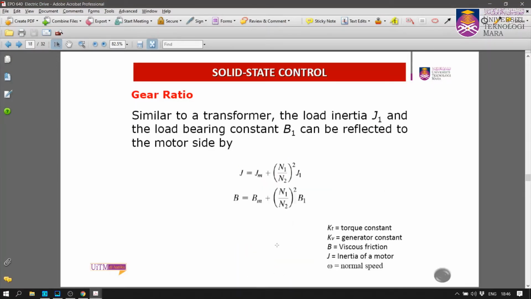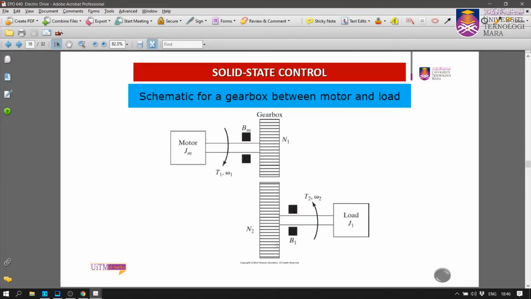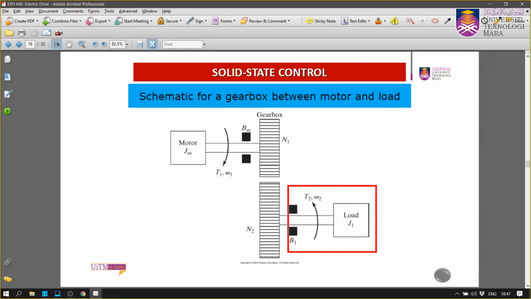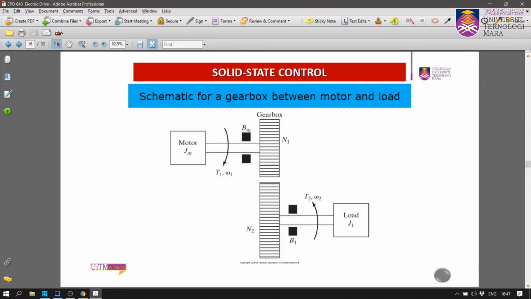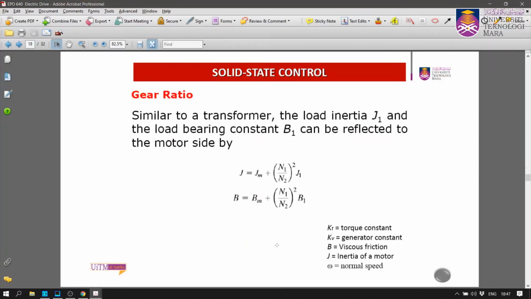Similar to a transformer, the load inertia J1 and the load bearing B1 can be reflected to the motor side. So in this circuit, you can transfer this from the second gear to this side from the gearbox. You can actually refer all of this to the front end, and therefore you can apply this equation here.